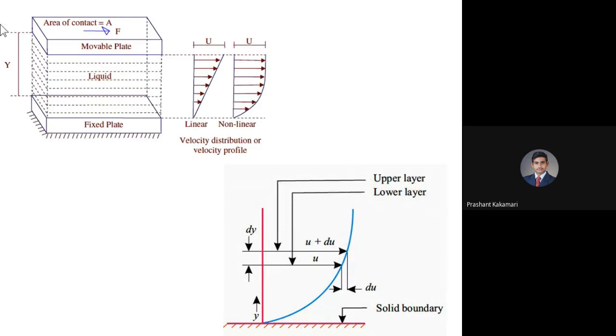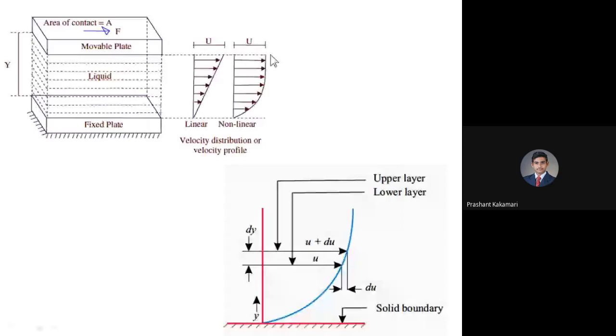But the layers very near the moving plate, at a greater distance, can move easily because they are not connected to any fixed layers or plates. In the sketch on the right side, they have shown zero velocity at the bottom and higher velocity at the top, with the layers moving at different velocities in an increasing profile. And if the fluid is ideal, it moves in a linear profile.